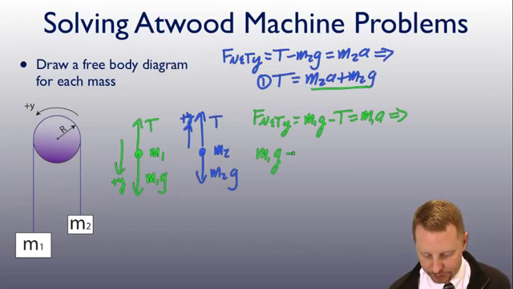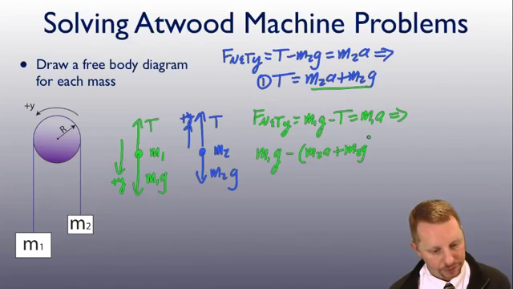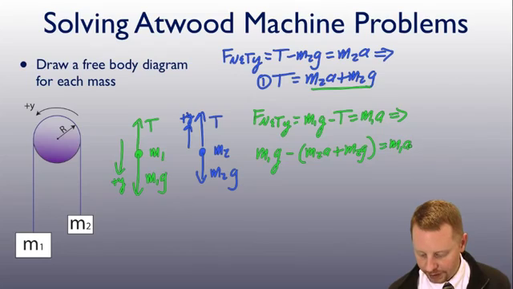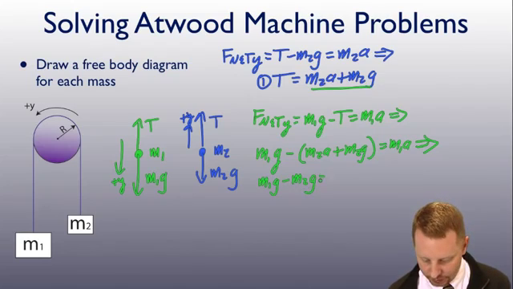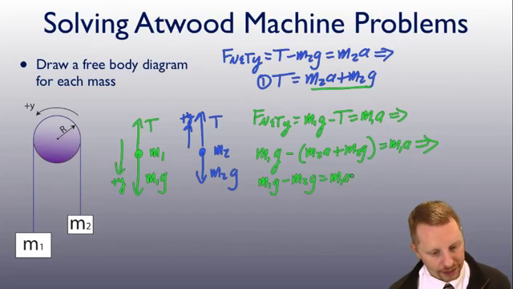So I can substitute in T with m2a plus m2g, so that becomes m1g minus (m2a plus m2g) equals m1a. Therefore, m1g minus m2g equals m1a plus m2a.